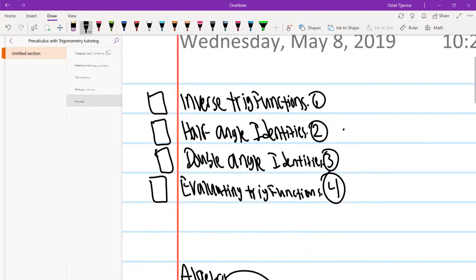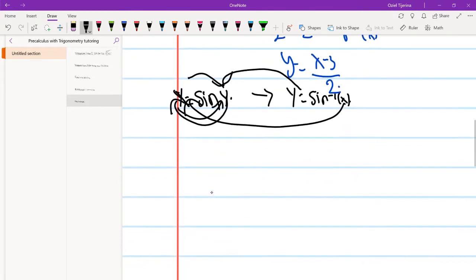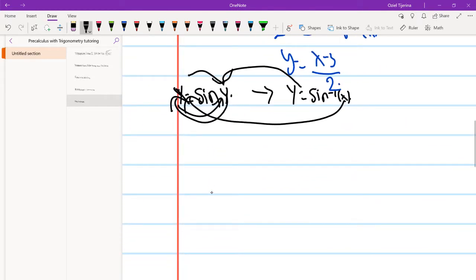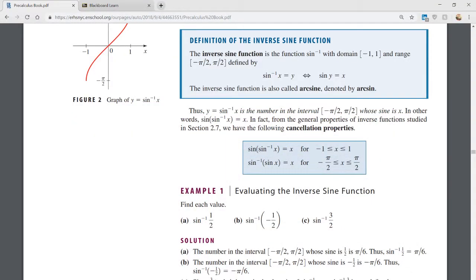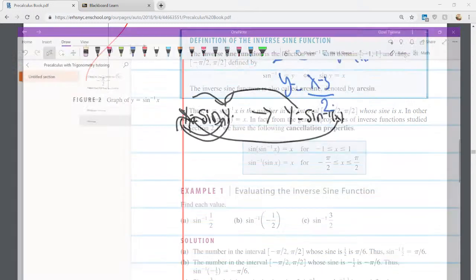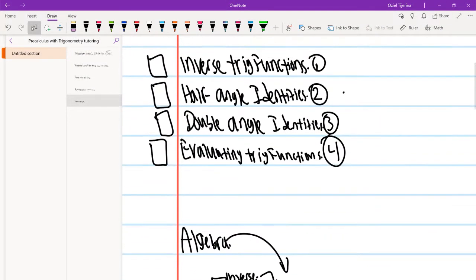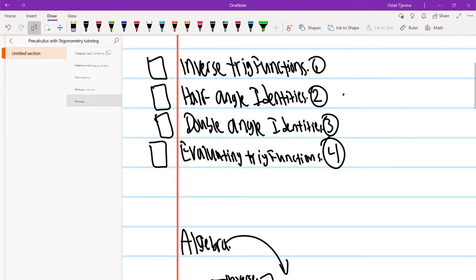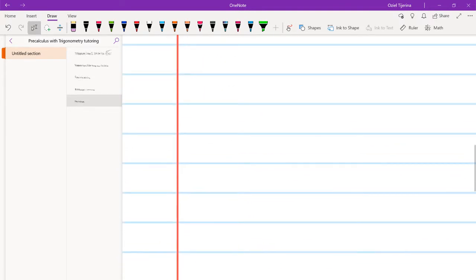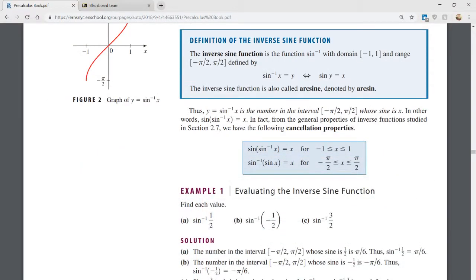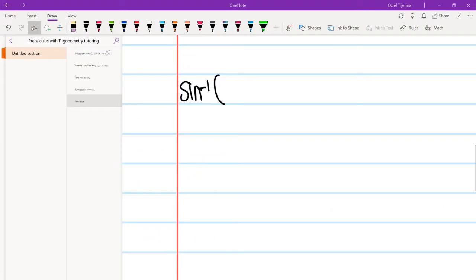So let's say that you had sine inverse of 1/2.